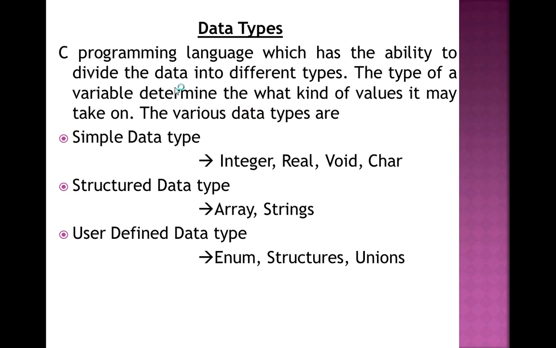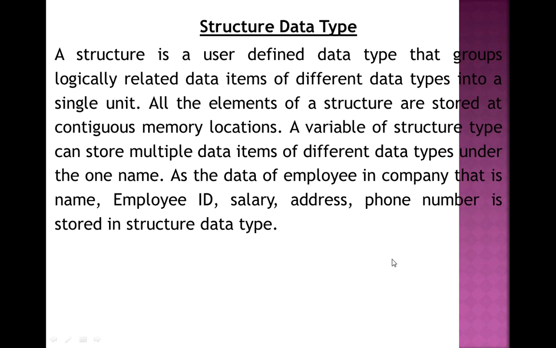The type of variable determines what kind of value it may take on. The various data types are simple, that is your int, real, void, char. Next one is structured, that is your array. We have discussed string. One is your user-defined data type, that is structure, union, and enum, that is enumerators. But today I am going to discuss only two user-defined data types, that is structure and unions.